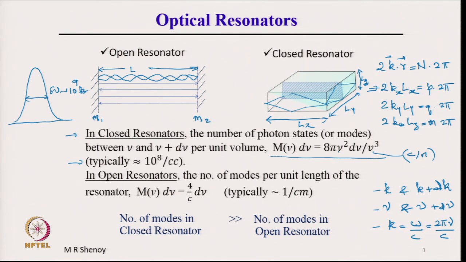Let me put some numbers and work this out. So, 8 pi into nu square, with light frequency maybe 10 to the power of 14 hertz, so 10 to the power of 28, into d nu which is 10 to the power of 9, divided by v cube, c by n. So, c is 3 into 10 to the power of 8, cubed.